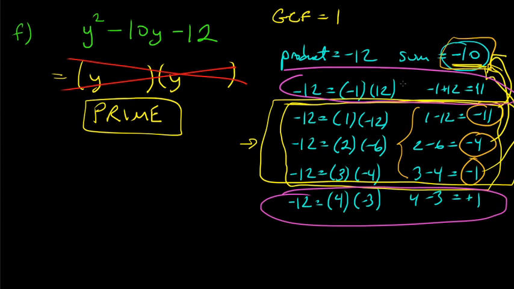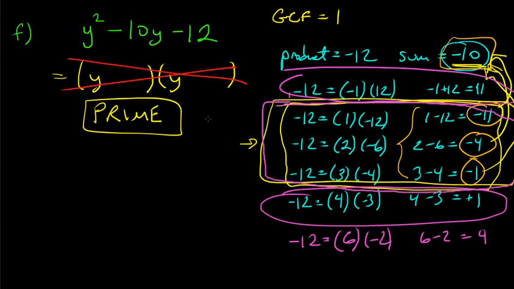And there's actually, I think there's only 1 more. So you don't have to write them all down, because this will be a positive as well. It'll be 6 times negative 2, which adds to positive 4. Again, that's not negative 10. So just so we're clear, you got to show at least all these possible choices here for numbers that multiply to negative 12.